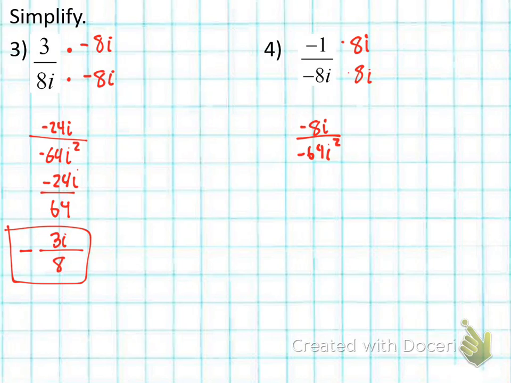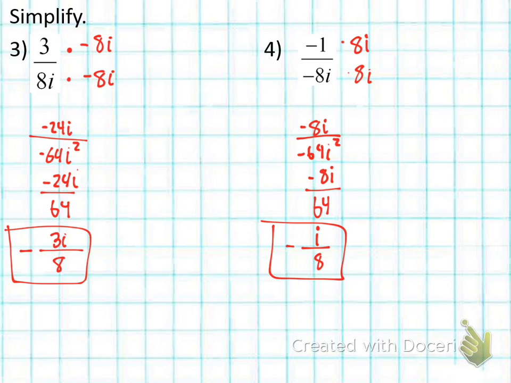So i squared becomes negative 1, and negative 64 becomes positive 64, over 64 with negative 8i in the numerator. 8 goes into each of these, so you have i over 8, and the negative sign, again, just put on the outside like so. Make sure it looks like an i when you put your answer down. You don't want it to look like a small little dot, because then I might think that's 1/8, right? So we want to make sure it looks like negative 8i over 8. If you made a mistake, please correct yourself.